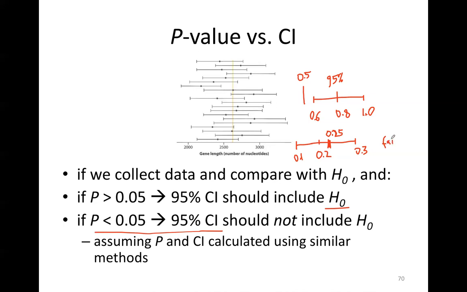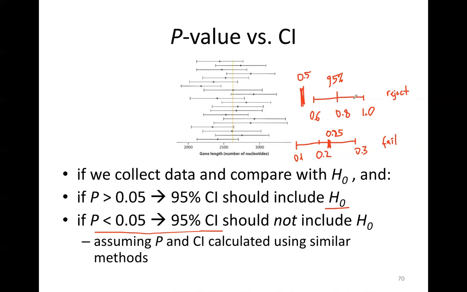Whereas here, this is the 95% confidence interval for the population mean based on the sample again, but the null hypothesis is outside this range. So here we reject. They're basically telling us the same story.